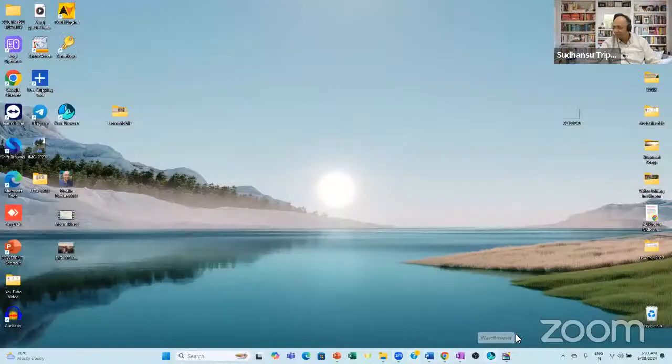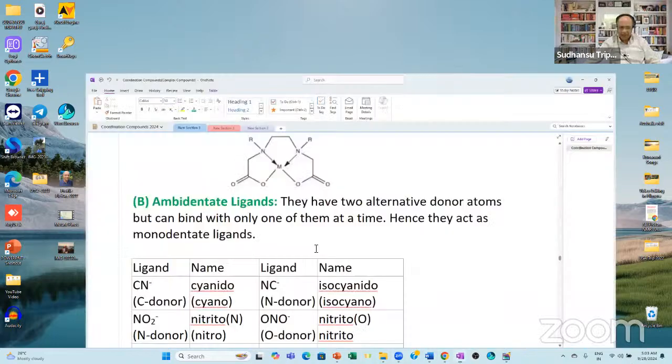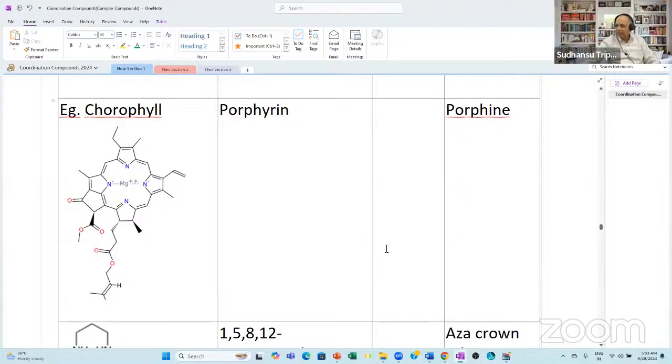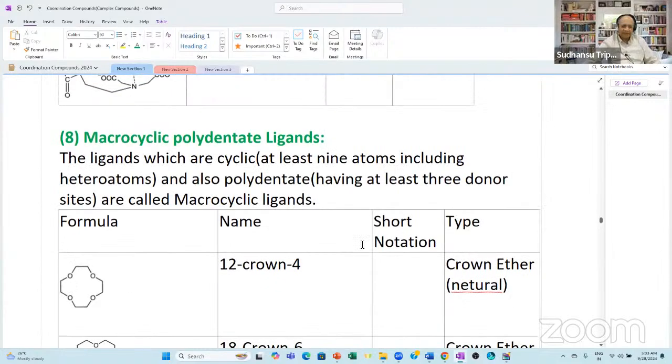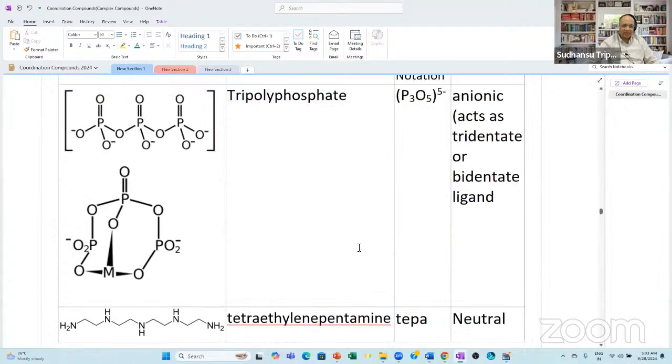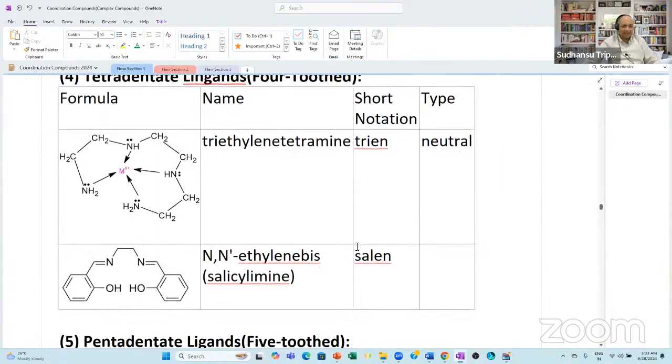So let me share my screen and start today's proceedings. We discussed yesterday different types of ligands.